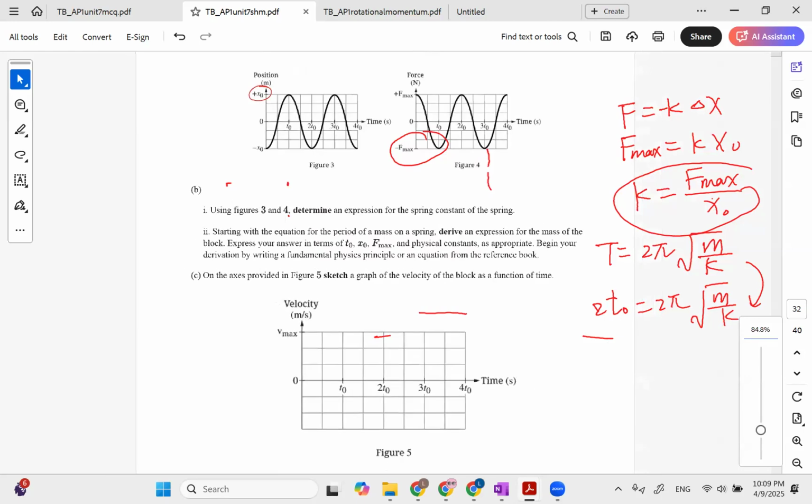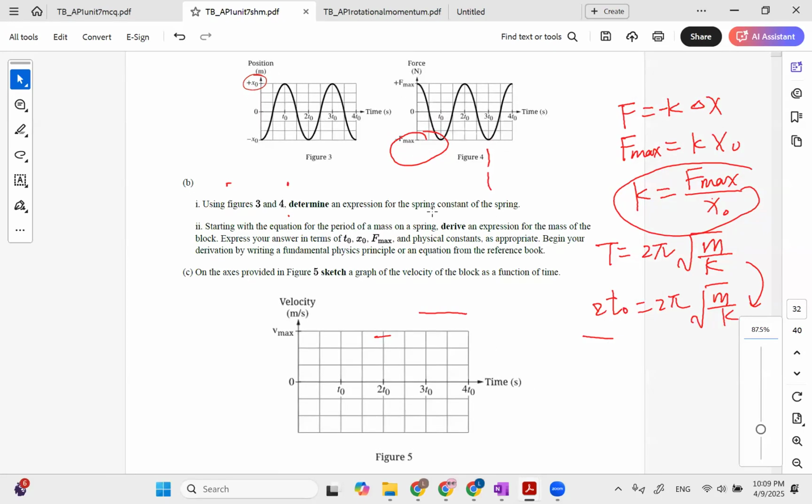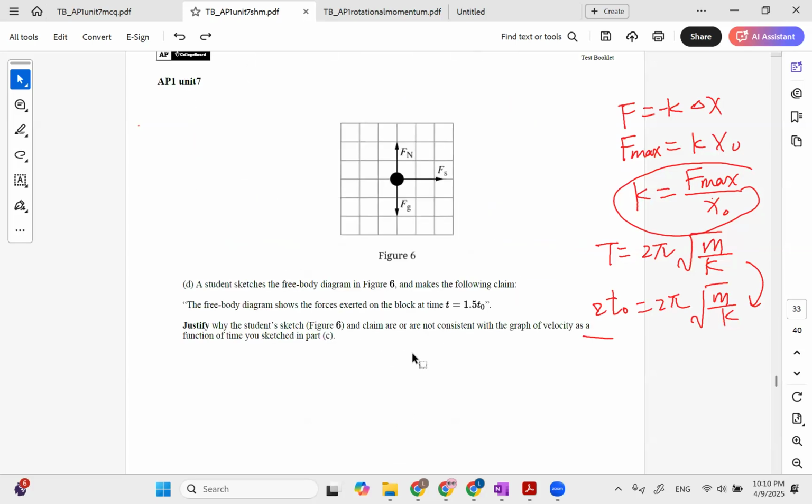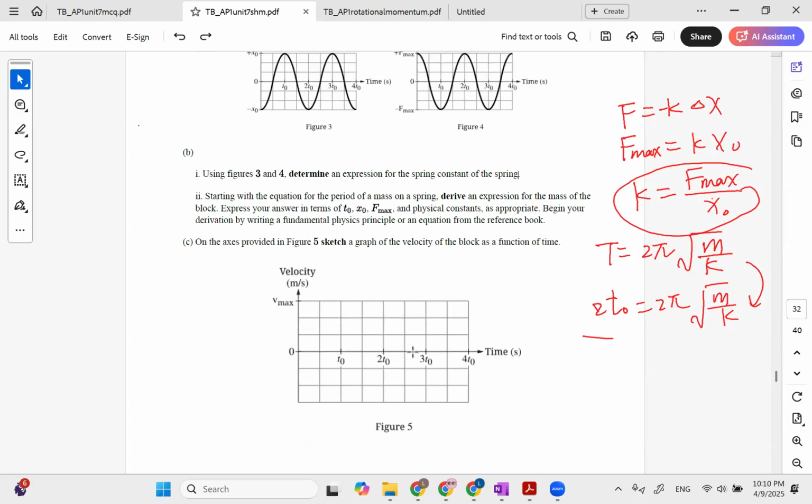Now, how do you draw v versus time? I want you to see both graphs. Peter, how do you draw v versus time graph? And then there's another part here.